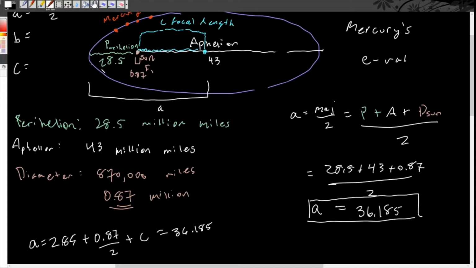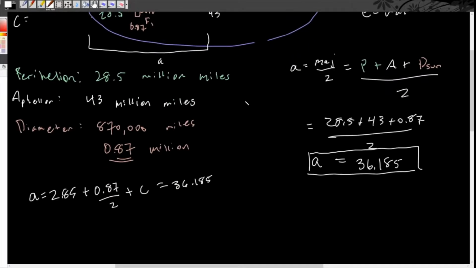A is built of the perihelion, half of the sun, and then the focal length. So we have an equation. All we have to do is solve for C. So C equals 36.185 minus 28.5 minus 0.87 divided by 2. And here we get C equals 7.25.